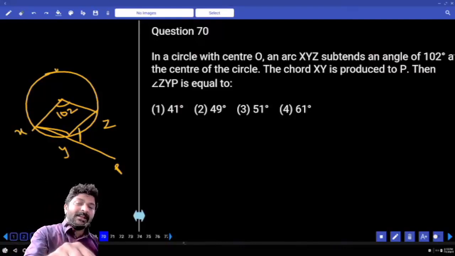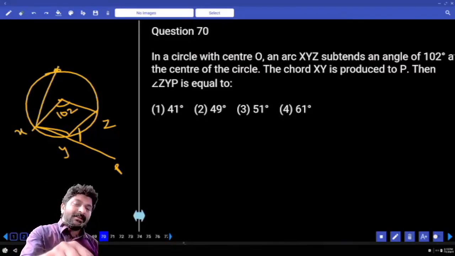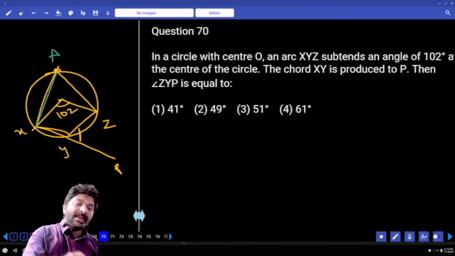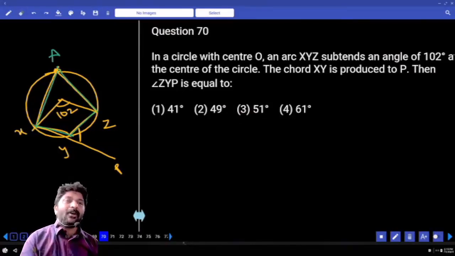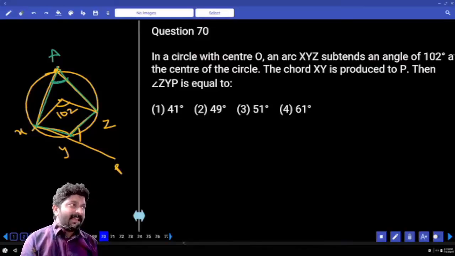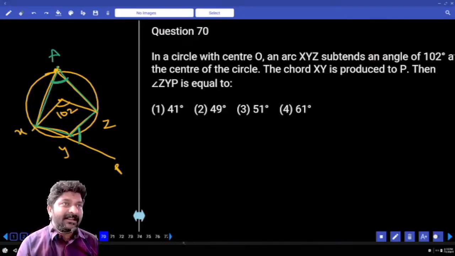Now let's take one more point anywhere in the circle and try to make a cyclic quadrilateral. So A, X, Y, Z is a cyclic quadrilateral. So interior angle at A must be equal to exterior angle at the opposite end.